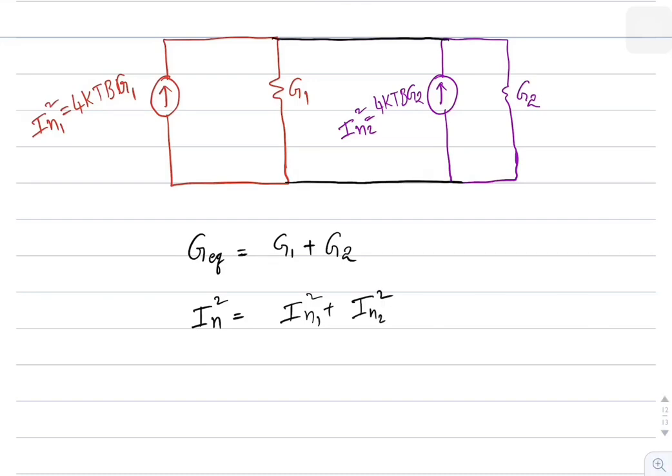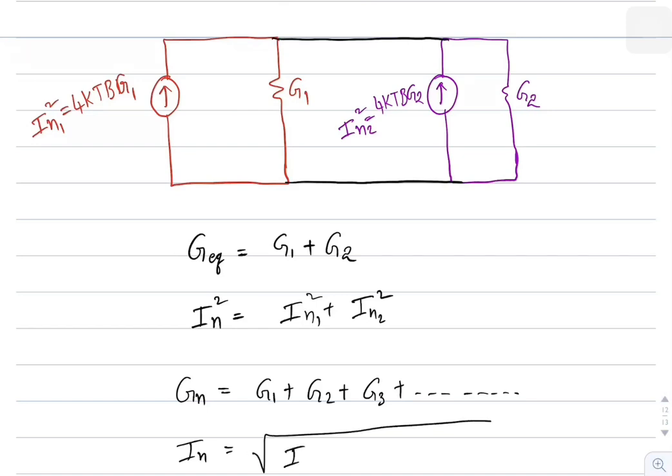In the same pattern, if you connect n number of conductances in parallel, then the resultant conductance Gn equals G1 plus G2 plus G3 and so on. The resultant noise current source In is root over In1 square plus In2 square plus In3 square, and so on.